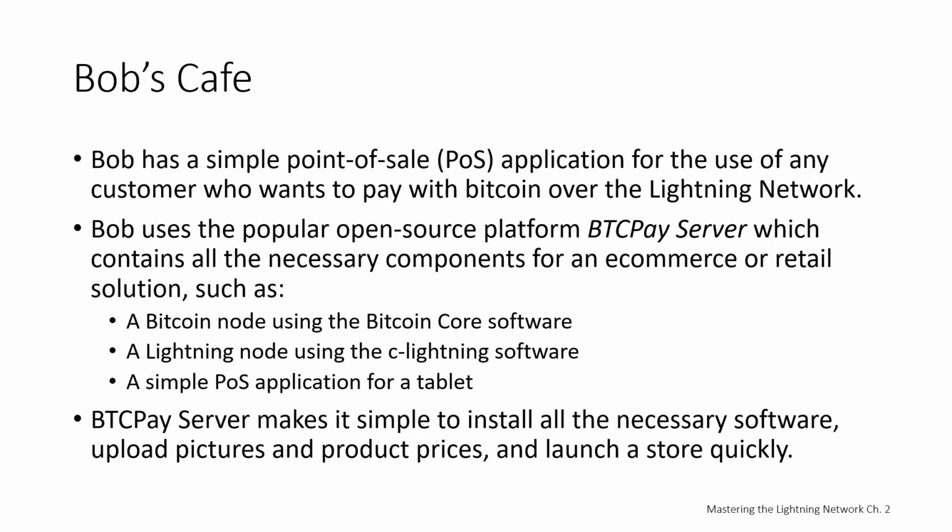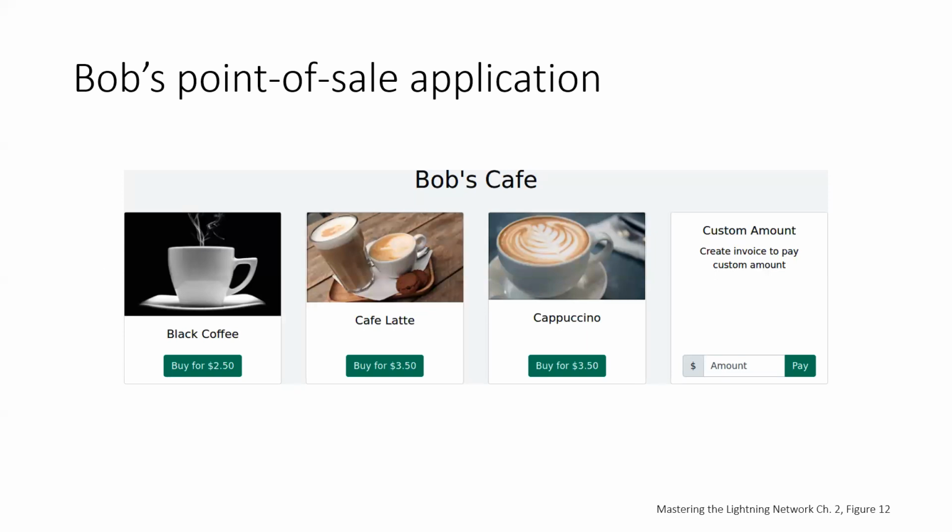BTC Pay Server makes it simple to install all the necessary software, upload products and pictures, and launch a store quickly. On the counter at Bob's Cafe, there is a tablet showing what we see here in this point of sale application picture. You get a black coffee for $2.50, a latte for $3.50, a cappuccino for $3.50, and then you can also pay a custom amount.